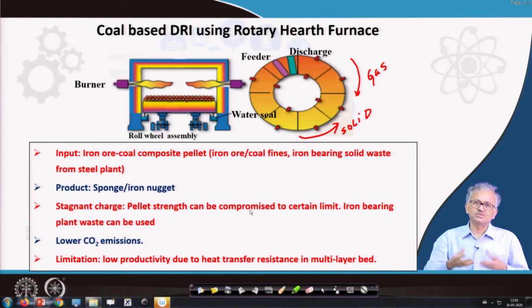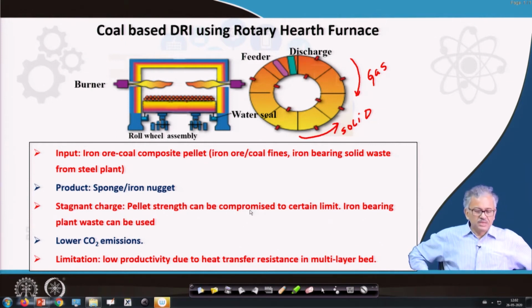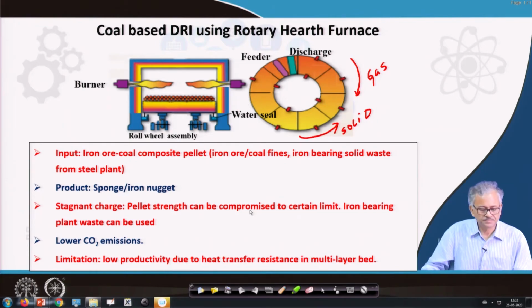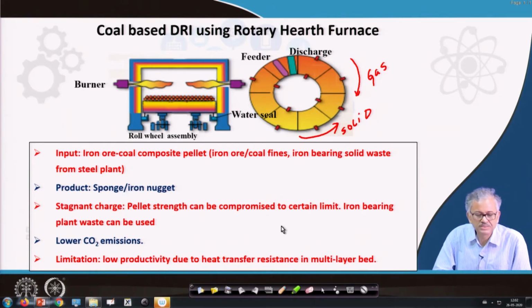As a result, this lower part will remain unmetallized. So that is why you cannot increase the productivity by increasing the layers. Usually the commercialized processes operate with only a single or double layer pellet bed, not more than that. So this limitation is there from the productivity point of view.